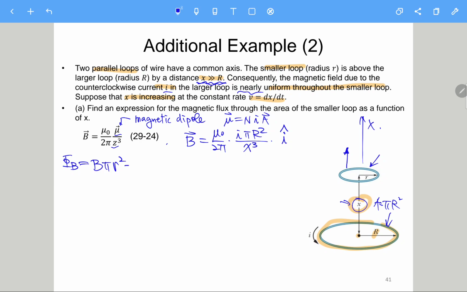So it will become mu naught I pi squared capital R squared small r squared over, and still we have a 2 pi here and then x cubed. In this case, pi and pi can be cancelled. So we have mu naught I pi capital R squared small r squared over 2x cubed.